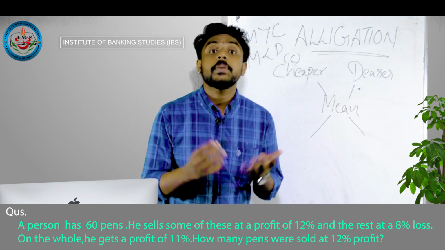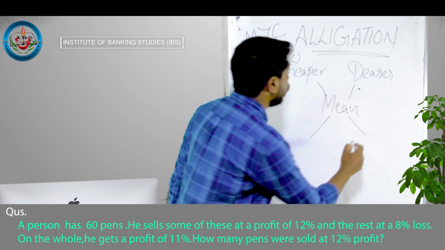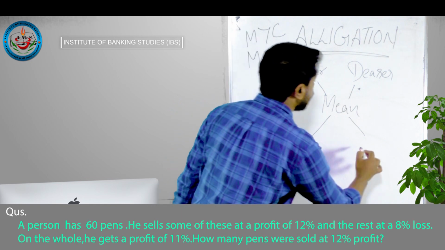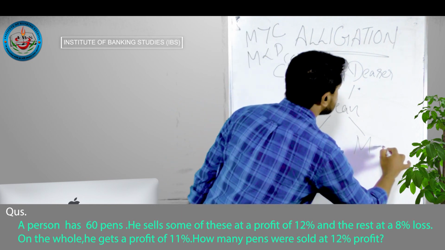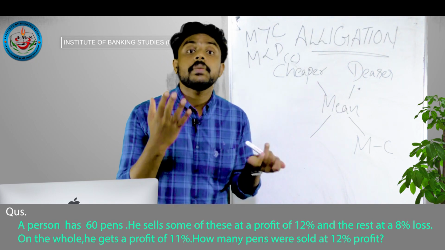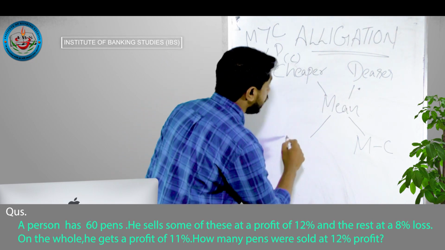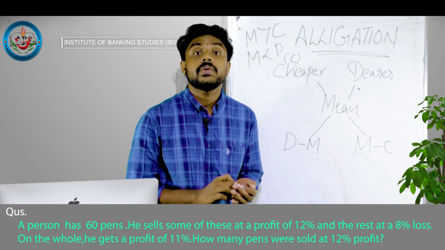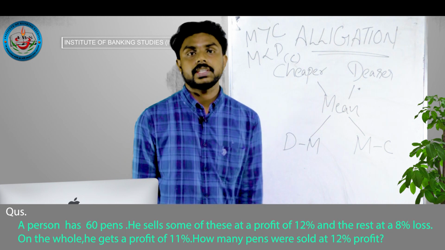Then we can conclude the pattern this way: the mean value is always greater than the cheaper quantity, so we take the difference M minus C, and the dearer value is always greater than the mean value, so we make the difference D minus M. This is what we explained in our previous introductory class on allocation.